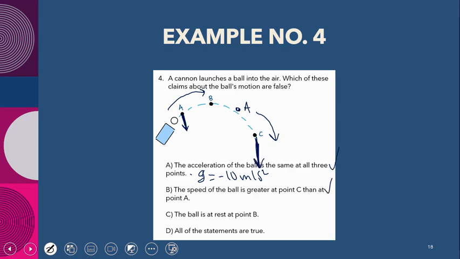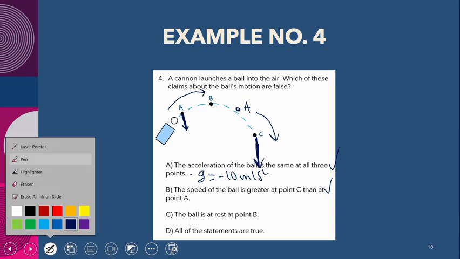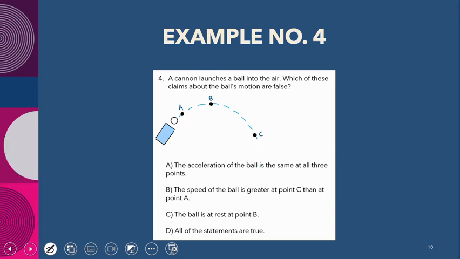Now, answer choice C. The ball is at rest at point B. Now, this is where some people might trip out. At point B, the ball is at rest, vertically. However, since it was launched at an angle, it had an initial horizontal velocity. And since we know that there's no horizontal acceleration, that velocity is going to be constant throughout the ball's motion, including up here.